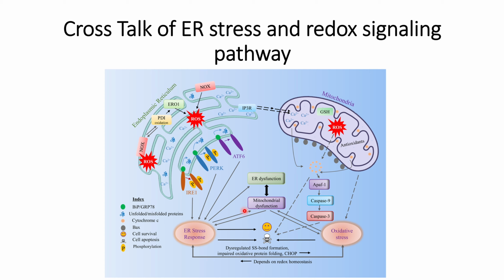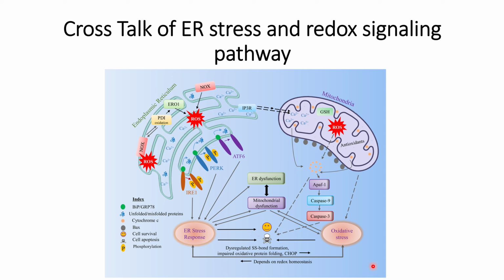This is represented by these arrows: when the ER stress is within limit, it might lead to cell survival through generation of several signals such as the unfolded protein response and an increase in the amount of antioxidants.